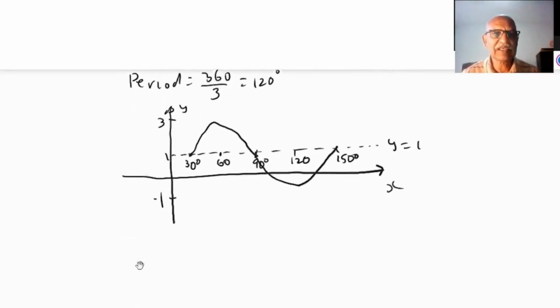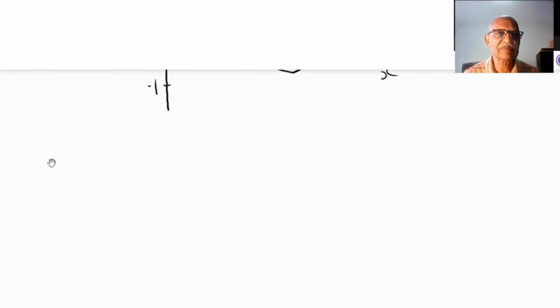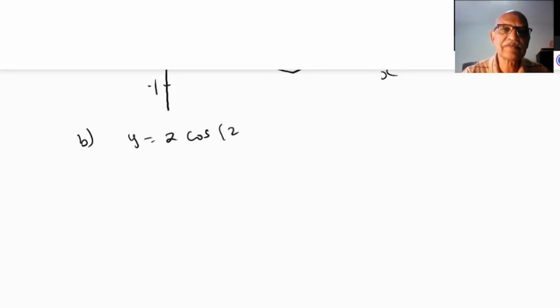Let's see another one, which is B: y equals 2 cosine of (2x plus 60), plus 1, with the 2 inside the bracket. Very quickly, the amplitude is 2.